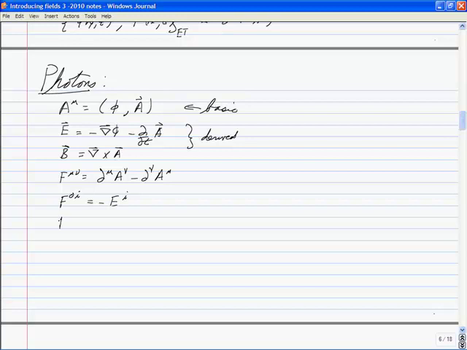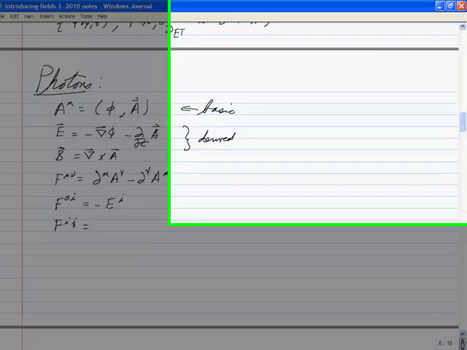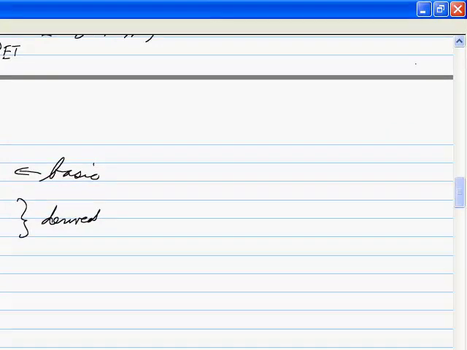So that's minus Ei. Okay, and if I look at Fij, for example, Fxy is d by dx of Ay minus d by dy of Ax.